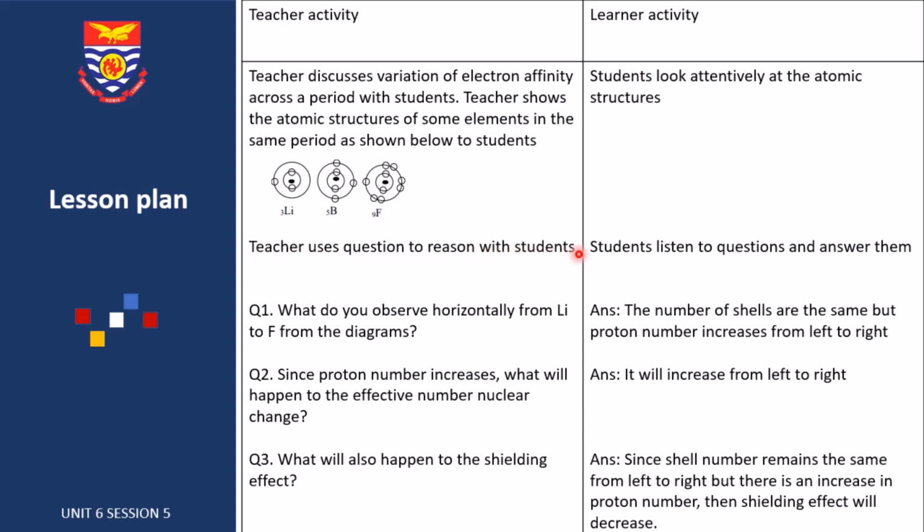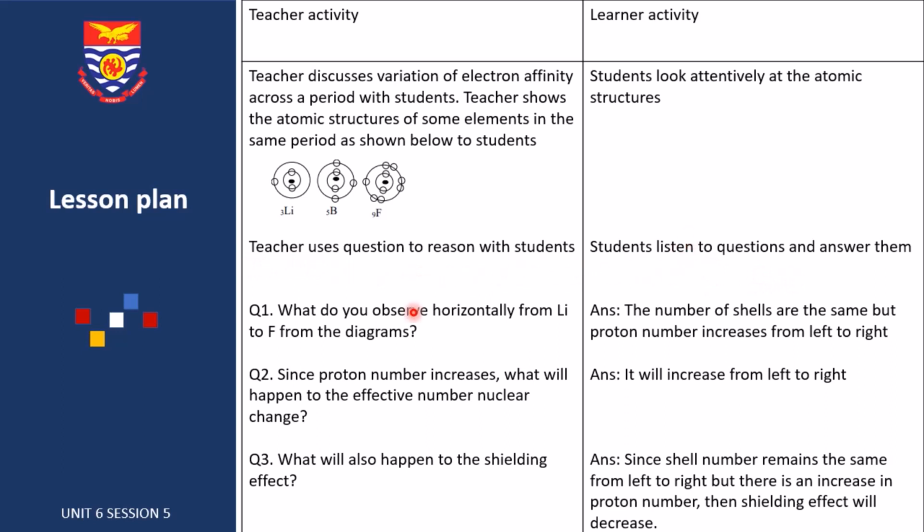The student response or student activity here rightly corresponds with the teacher activity. We shouldn't have a teacher activity on this line, and the student activity on the next line or a line above. No, they should be on the same line. They should all start on the same line.